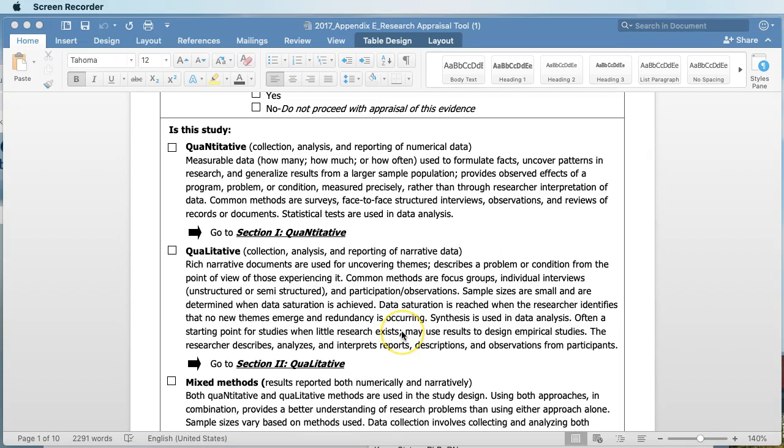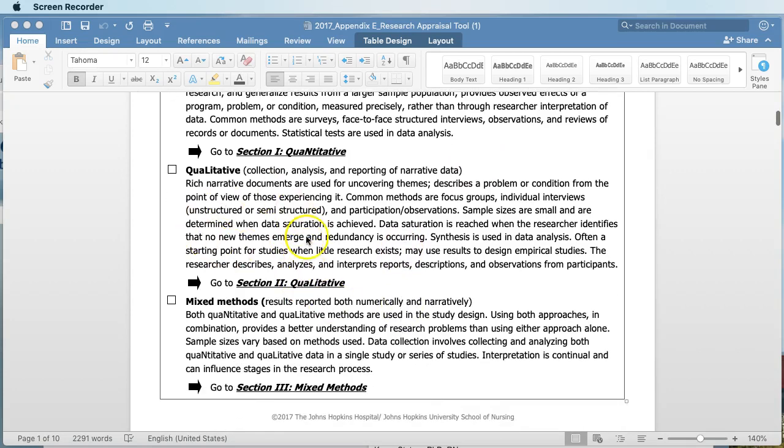Now, mixed methods: if that's the kind you have, then you would go to section 2. Mixed methods is an approach in which the researcher is using both. So the researcher uses some sort of questionnaire, instrument, or tool to measure or understand something around a concept.